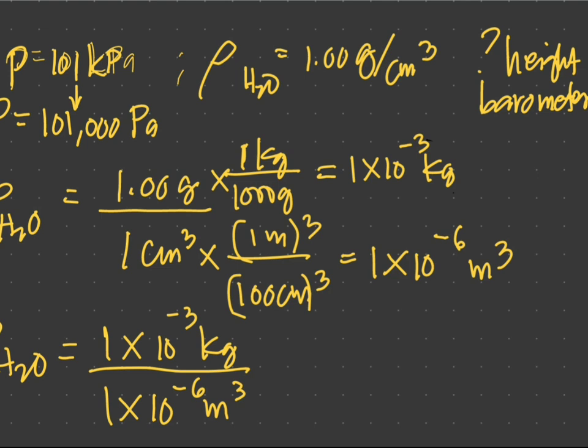Why are we converting everything? Because we are asked for the height of the barometer. Do you know what a barometer is? Yes. So it is used to measure the pressure.